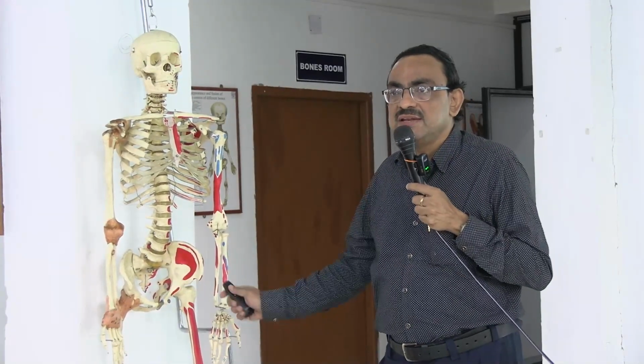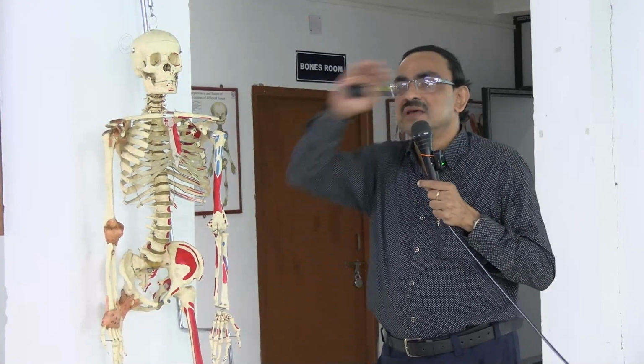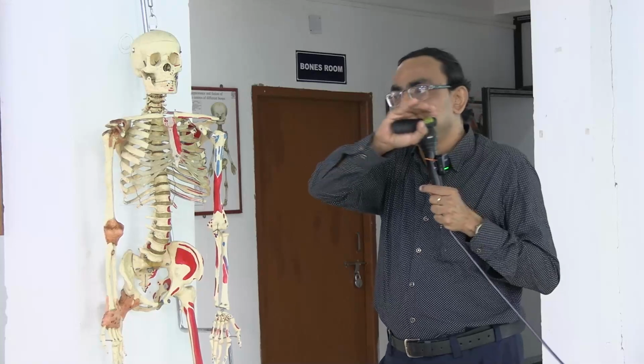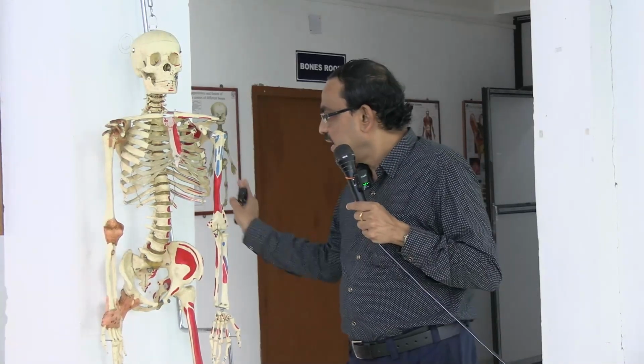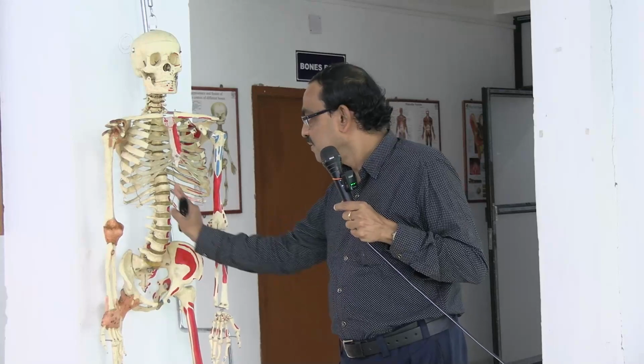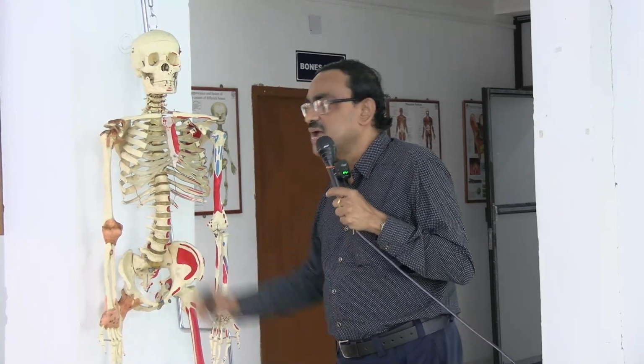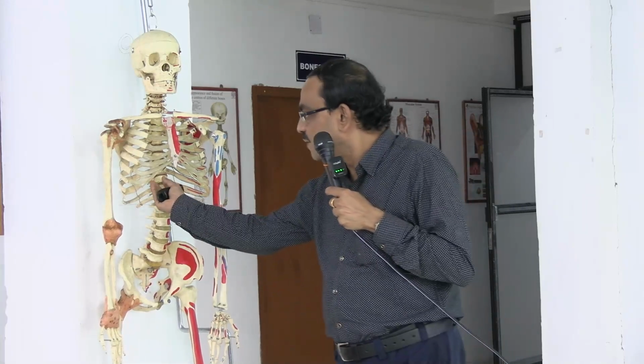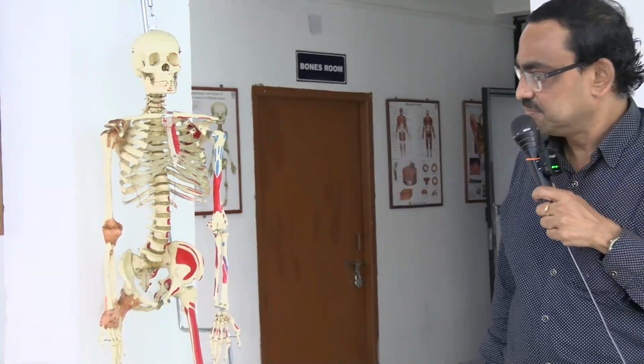You will learn it develops from the mesoderm. What is ectoderm, mesoderm, endoderm? Ectoderm, mesoderm, and most inside is the endoderm. So it is developing from the mesoderm and it is placed in the lower thoracic and upper abdominal region.